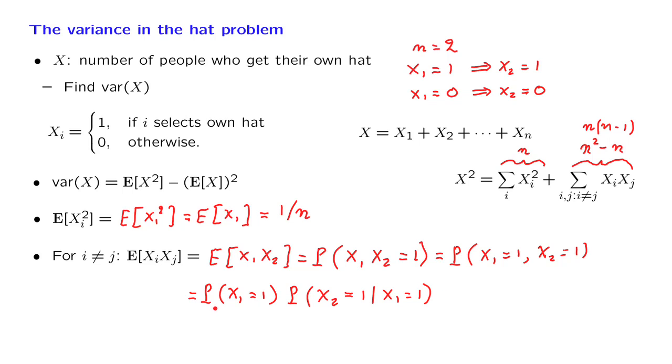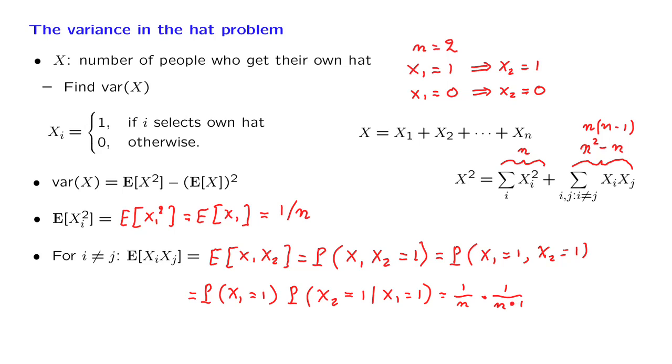What are these probabilities? The probability that the person gets their own hat back is 1 over n. Given that person 1 got their own hat back, person 2 is faced with a situation where there are n minus 1 available hats, and one of those is that person's hat. So the probability that person 2 will also pick his or her own hat is 1 over n minus 1.